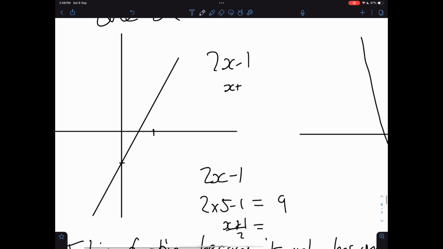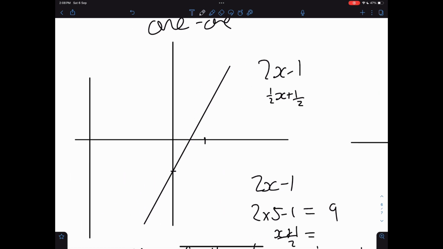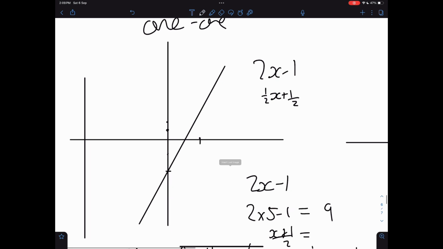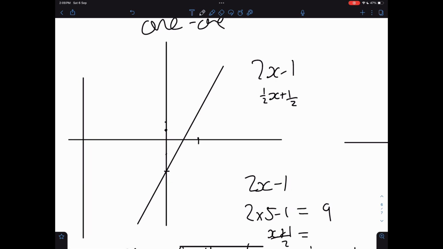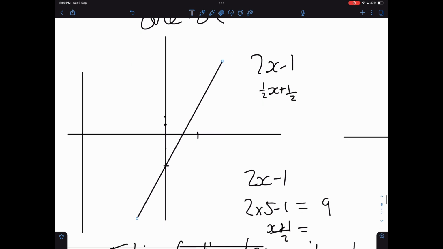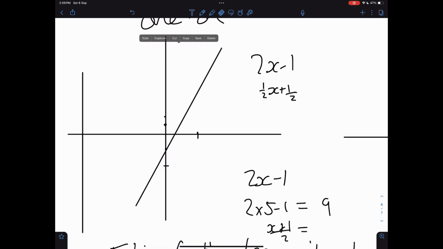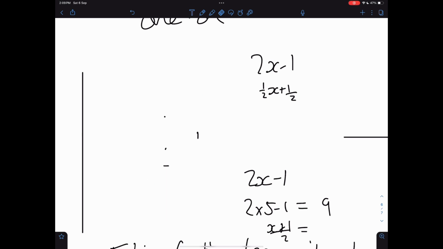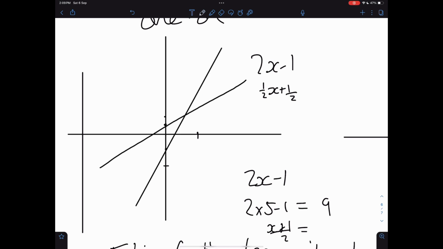Yes, x plus 1 over 2, so that's like that, half x and going up a half. Actually, 2x minus 1 must start at minus 1 like that, sorry. And then, that was the eraser. I was wondering why this wasn't working. And then our inverse one will look roughly like this.